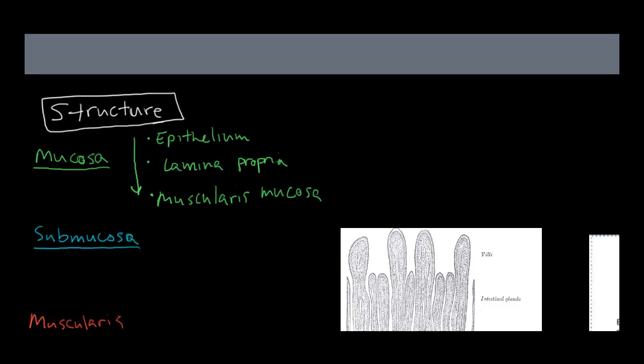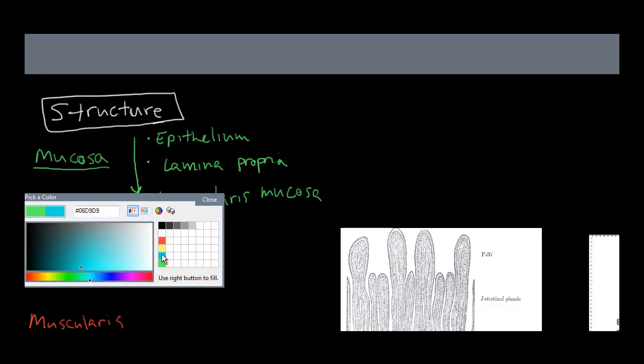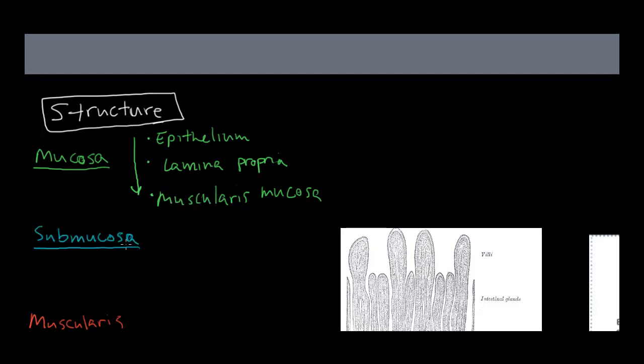And then as we move towards the submucosa, we primarily have two components. It contains blood and lymphatic vessels. And we also see some submucosal nerve plexus.